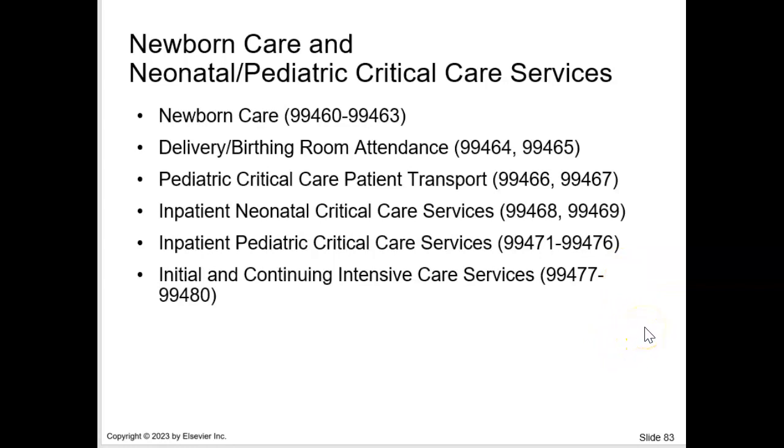So if you look in your book at 99460, that is initial hospital or birthing center per day for E&M of normal newborn infant. Then you have 61 per day, newborn infants seen in other than the hospital or birthing center. And then 62 is subsequent hospital care. Remember, that's like a daily visit, right? It's not initial, it's subsequent.